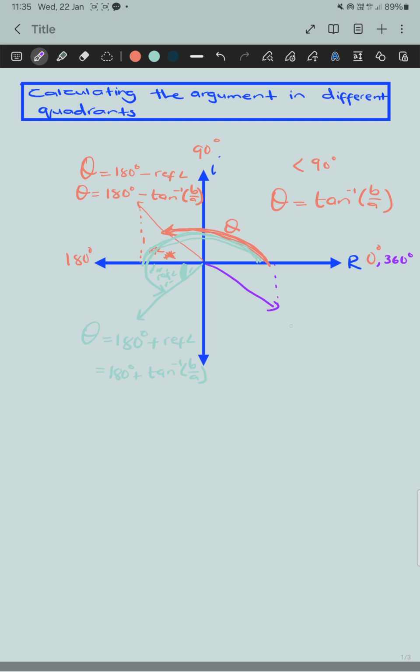But now when I look at it, if I calculate arctan b over a, what I'm going to get is this part. Or in magnitude, in size, it's going to be the same as this part. But I do not want this part. I actually want this one.